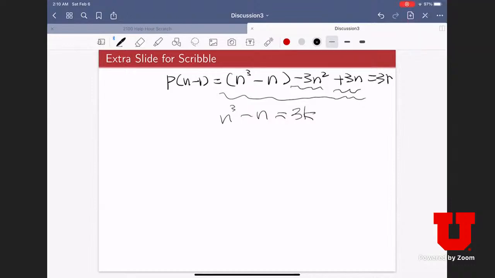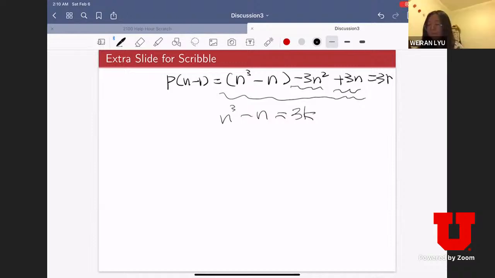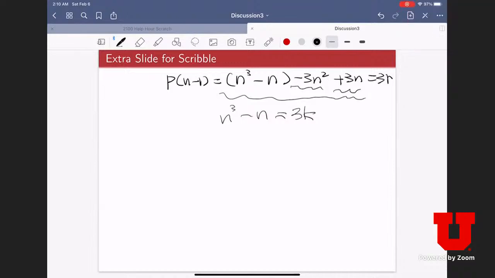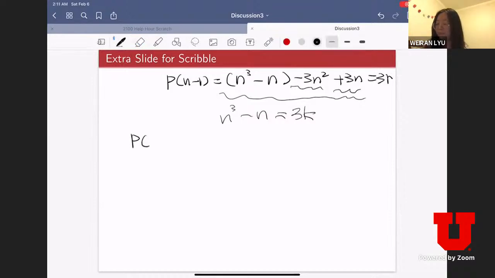Yeah. So is it equivalent to rearrange it and then factor out the 3 and then say that that is divisible by 3? Yep. So we can actually do, like I said, the way you're trying to show that P(n) is true based on P(n minus 1) is true is more complex compared to if you just assume Pn is true and then you show P(n plus 1).